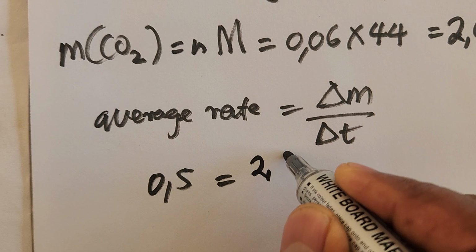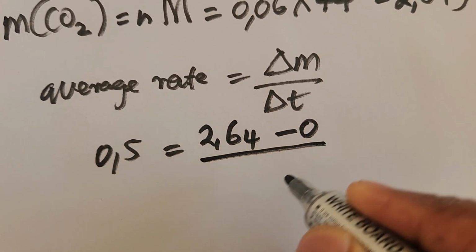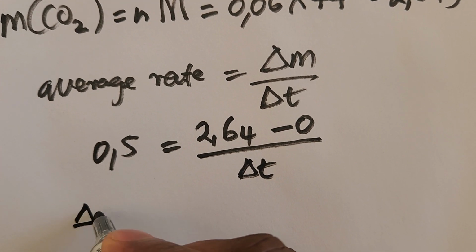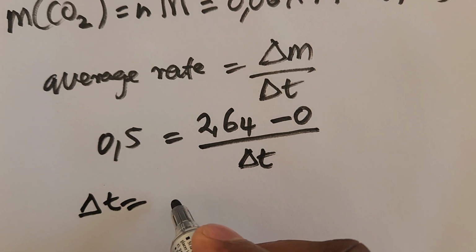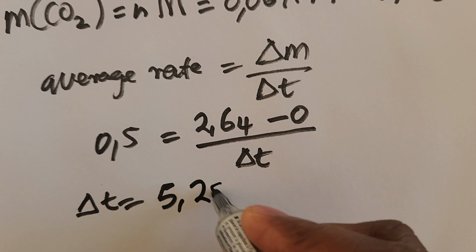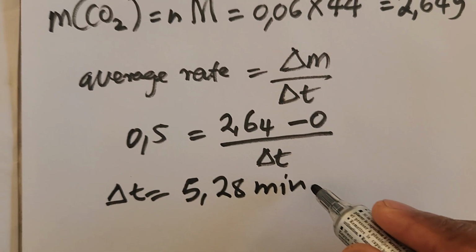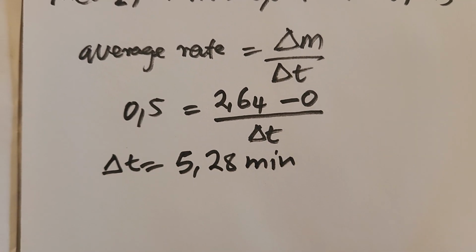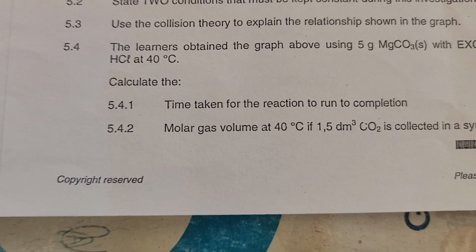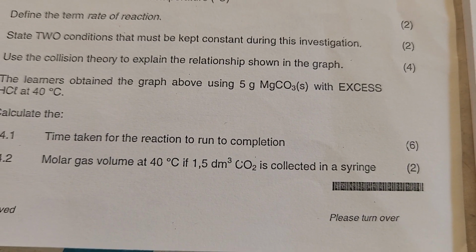It will be final mass minus initial mass, all divided by delta T. Therefore delta T will be somewhere around 5.28 minutes. So this will be the time taken for the whole reaction to run to completion. You get 6 marks there.